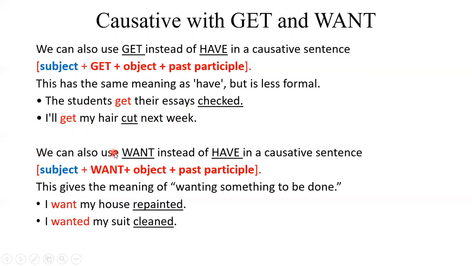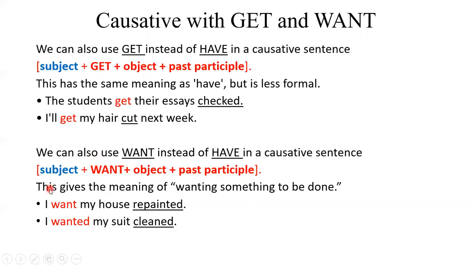We can also use want instead of have in a causative sentence. So the form would be subject plus want plus object plus past participle. Again, all of the rules and all of the applications we discussed concerning have are applicable to the verb forms.